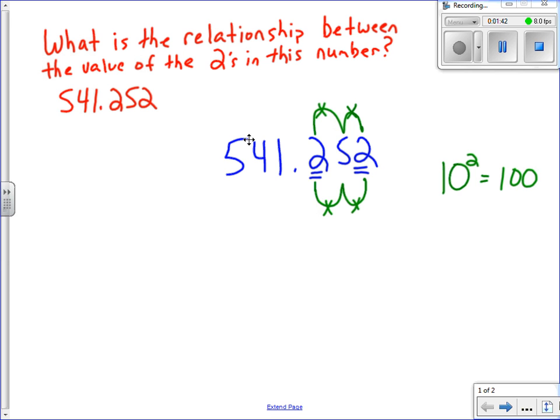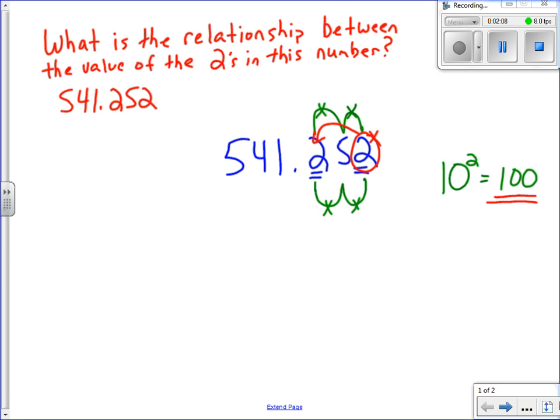So now I go to the next step, and let's say I pick the 2 in the thousandths place value. The 2 in the thousandths place value is 100 times less than the 2 in the tenths place value.